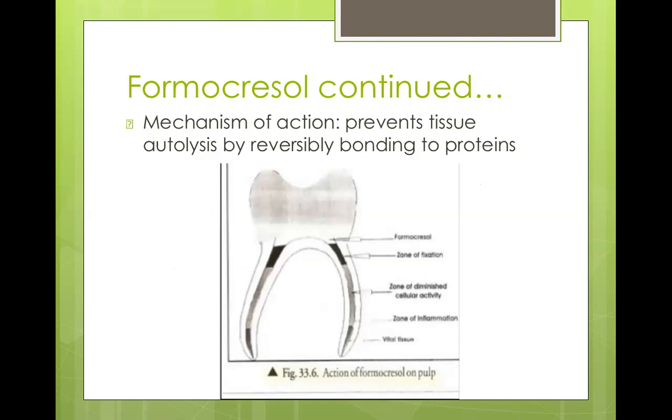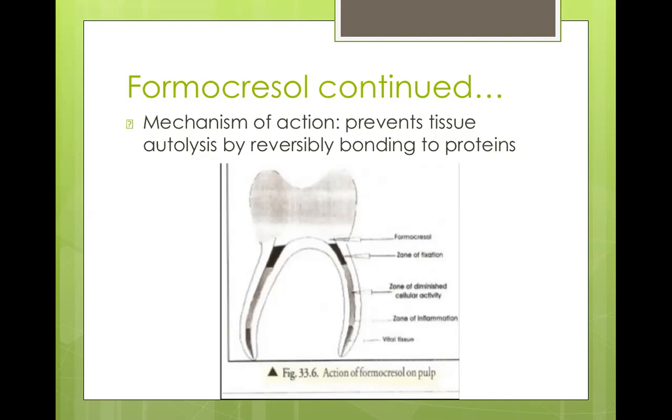It's important to know the different levels. I'm going to point them out with my mouse here. You put your formocresol at the coronal orifice of the radicular pulp, and the first area is the zone of fixation, and the next area is a zone of diminished cellular activity.